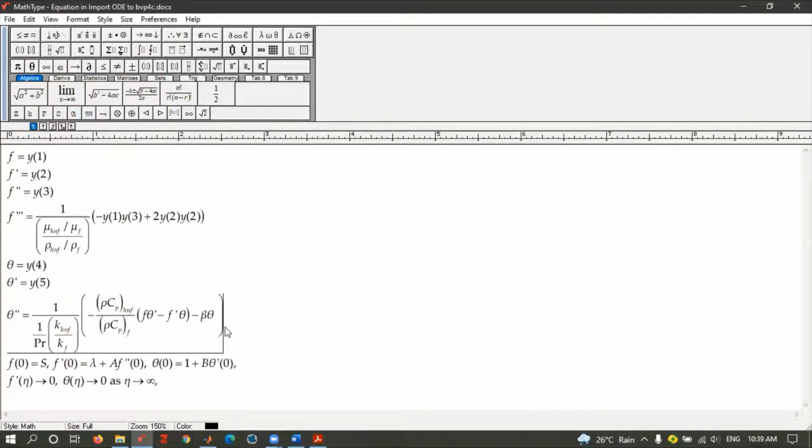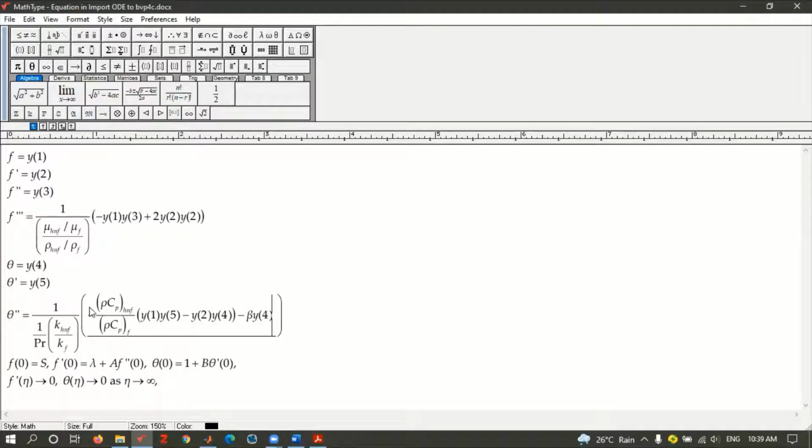Okay, the same thing, there are still functions of f and theta in this theta double prime, so we need to substitute. F is y1, theta prime is y5, f prime is y2, theta is y4, and this one should be y4.